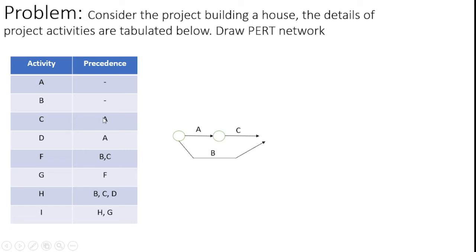After that, C's precedence is A, so after completing the A activity, I can represent the C node. Then I can represent the C activity with the arrowhead. After that, D's precedence is A, so I start the D activity from the completion of A. Then I represent the D with the arrowhead. After completing D, I can represent the node.